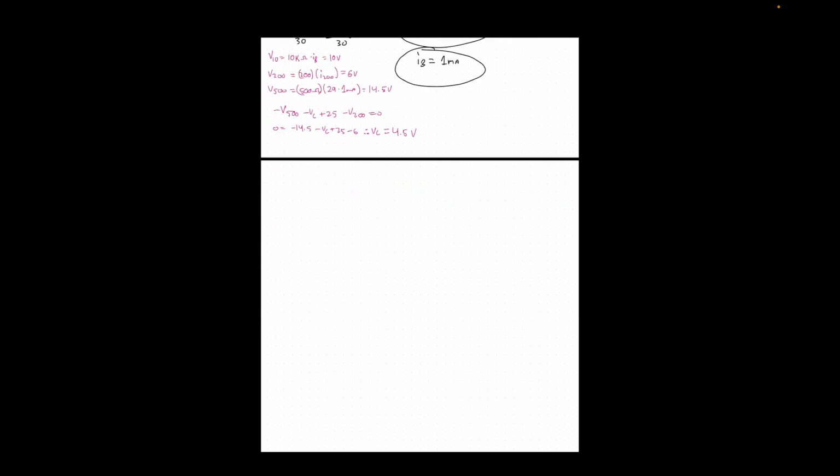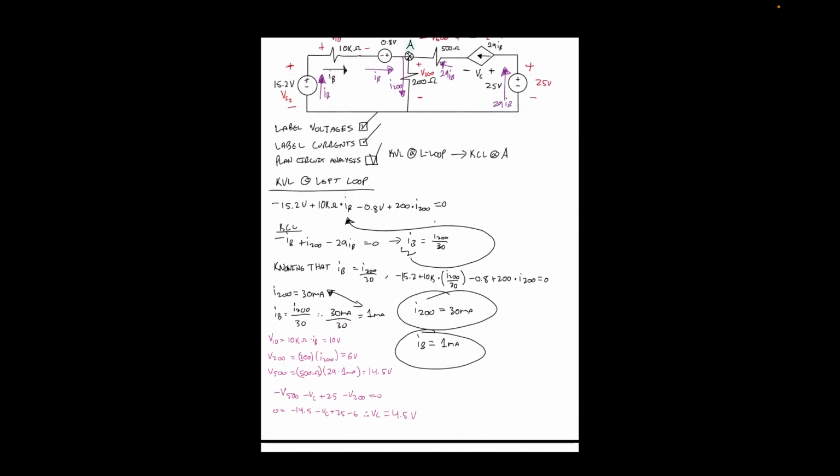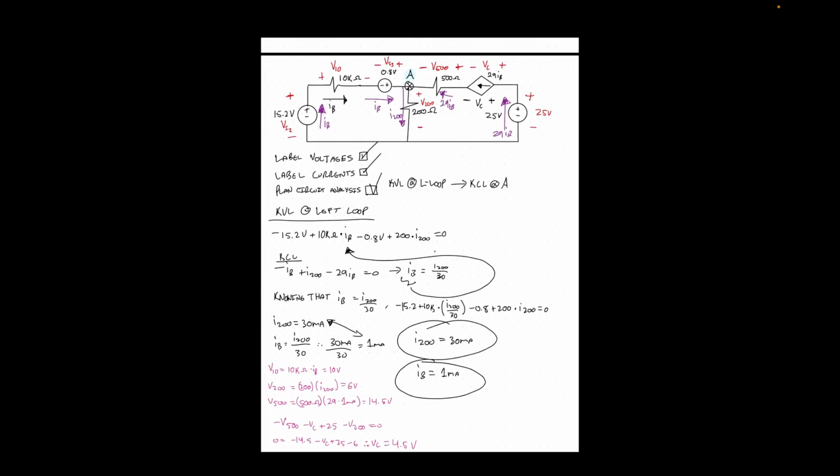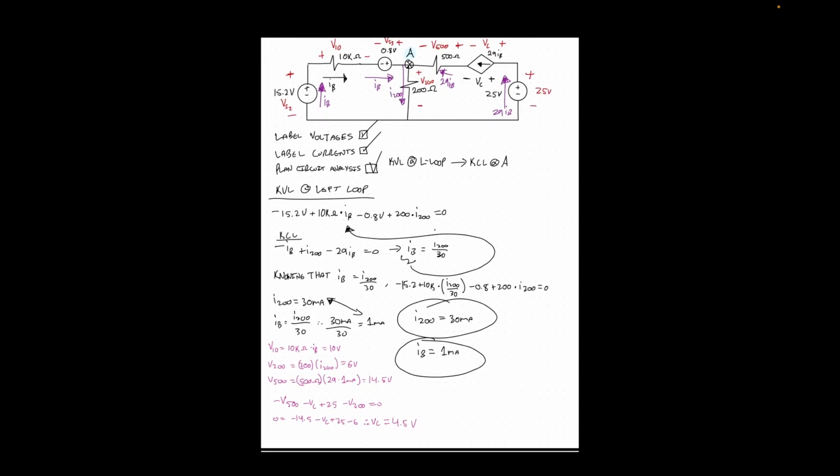Now, moving into power, I'm going to say that my power through what I am calling VS2, I might get rid of some stuff over here. Let's do it right here.